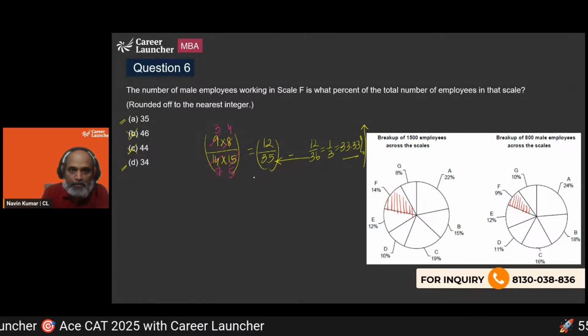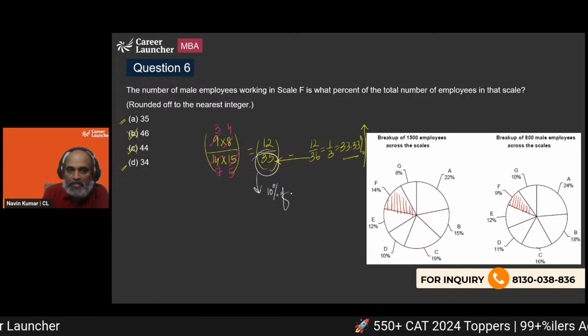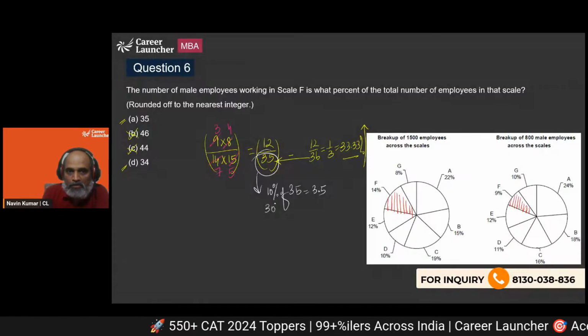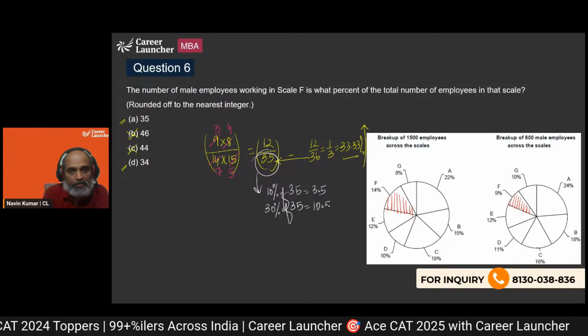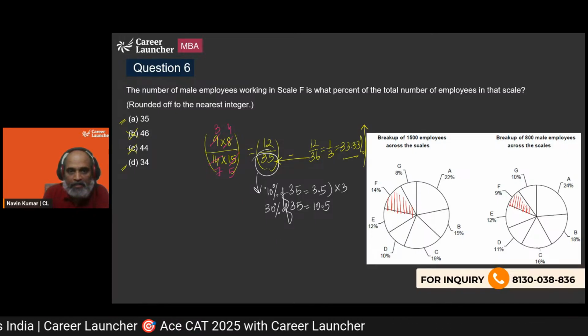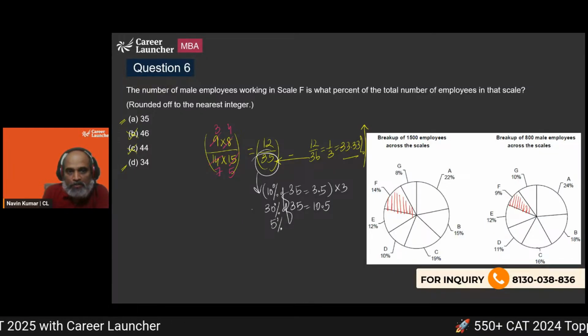As we have done before, we'll take 10% of 35, which is going to be 3.5. So 30% of 35, which is 3 times that, will give us 10.5, right? So we are basically saying 3 times of this. Now, what is going to be 5% of 35?